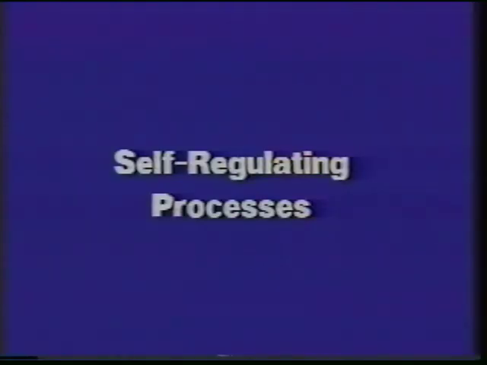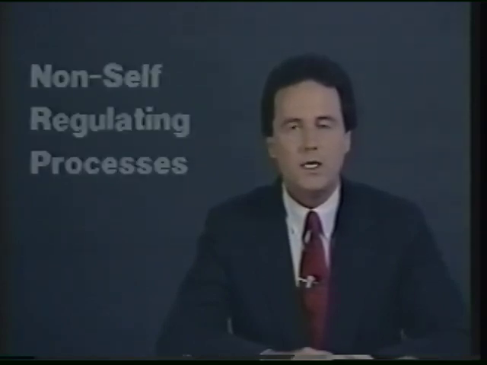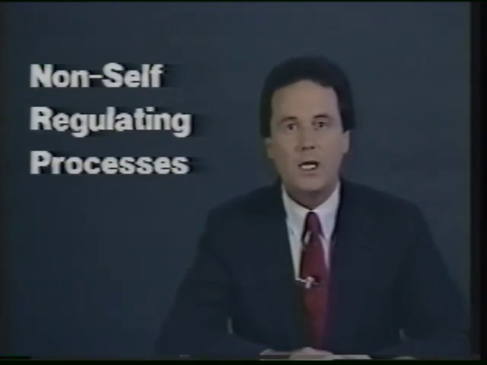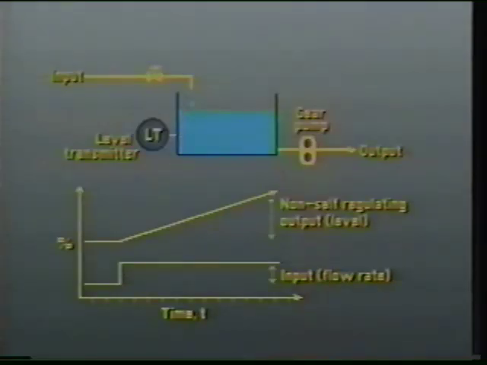So far we have looked at processes in which the output gradually levels off at a new steady state following a step increase in input. Because of this characteristic, these processes are called self-regulating processes. It follows then that a non-self-regulating process is one that responds to a step change in input with an unlimited change in output.